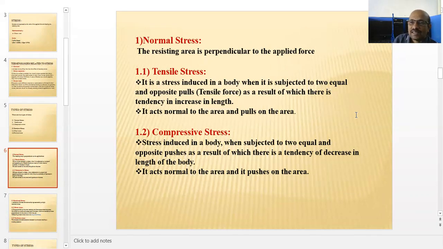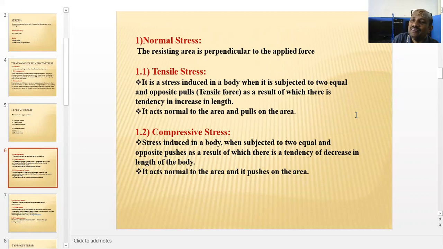In tensile stress, we pull at both ends, but in compressive stress, we push at both ends. Over there pulling, here pushing.